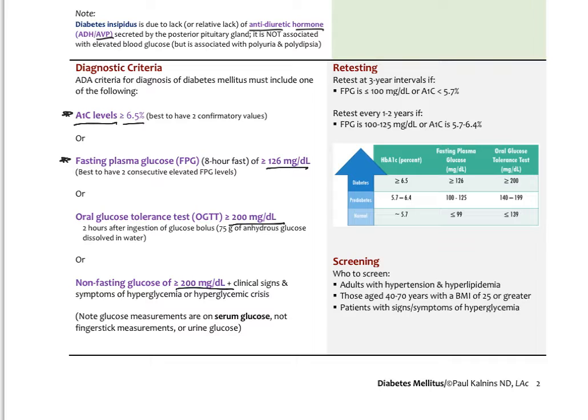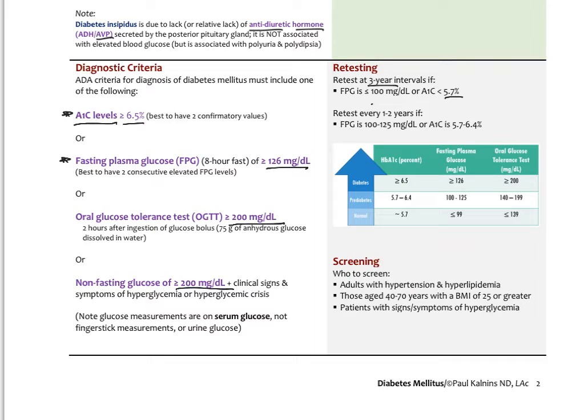Generally with retesting, we retest patients that we have diagnosed with diabetes at fairly regular intervals. But if the fasting blood glucose is less than 100 milligrams per deciliter or the A1C is less than 5.7, we generally retest within 2 to 3 years. That's the ADA recommendation. A lot of clinicians, especially if we suspect insulin resistance, might retest a lot sooner.